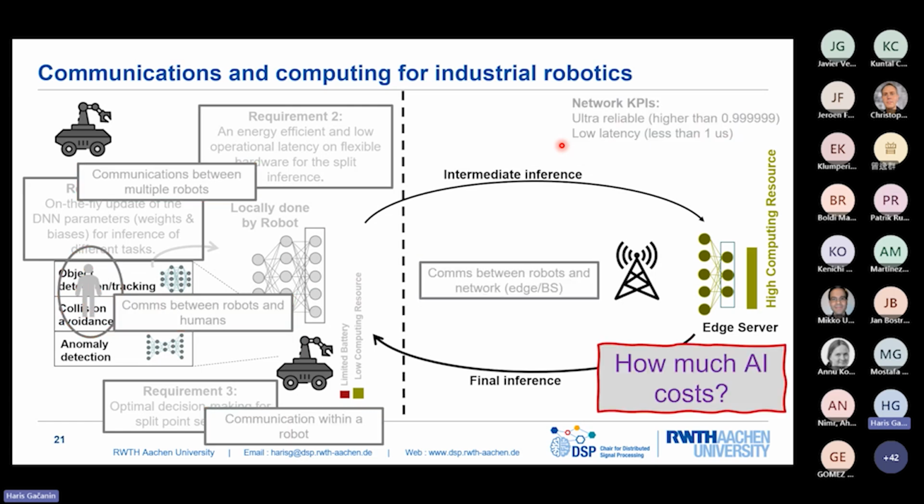And in the context of that, we start first by asking the question: how much would that cost? How much would all this infrastructure for AI that we have shown here, locally on the left side and edge cloud or cloud-based on the right-hand side of the network, cost?